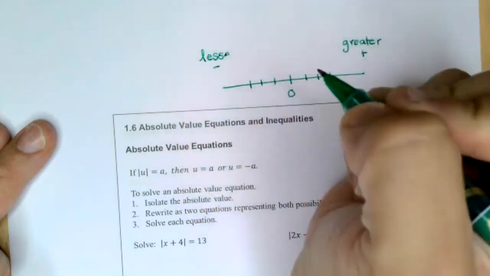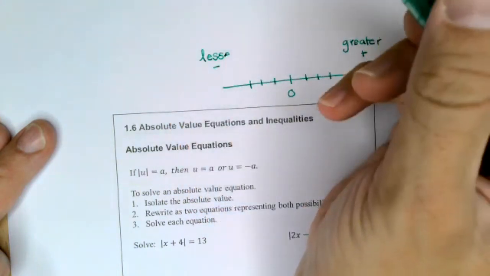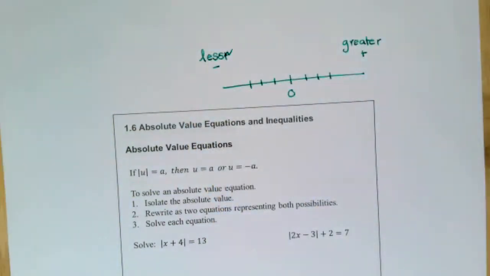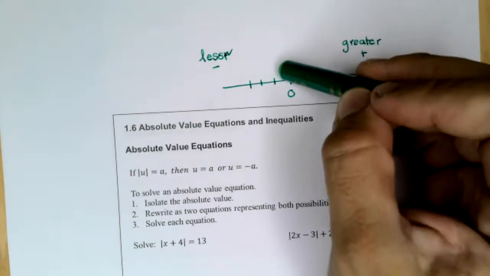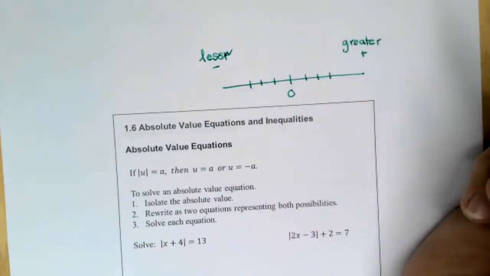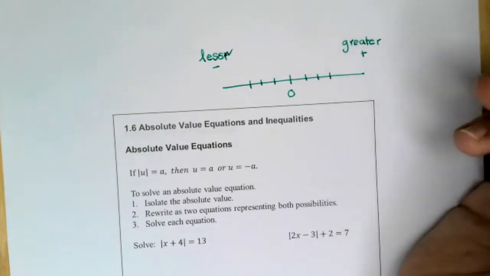Less than, greater than. Is it lesser or less? Less than, right? So with absolute value, you're just talking about distance, and distance can never be negative. It does not matter if you are moving on the number line in a positive direction or a negative direction. It is just a measure of distance.